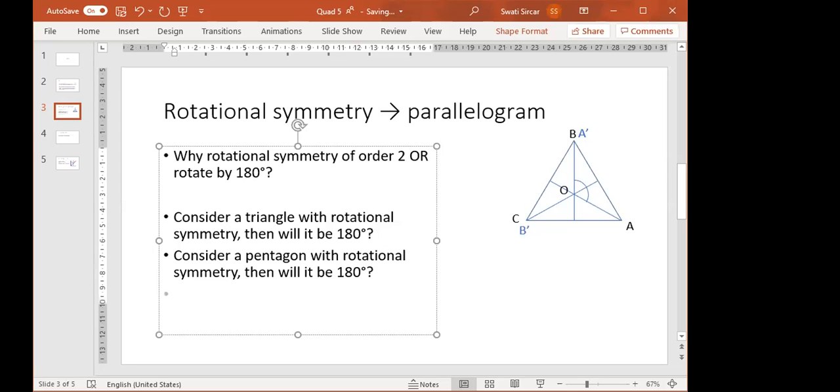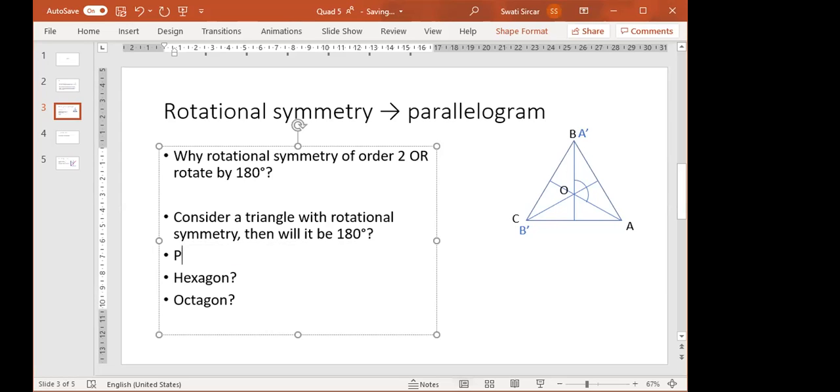Also, I want you to consider a few more. Same question for hexagon, octagon, and let's say a nonagon, which is 9-sided.